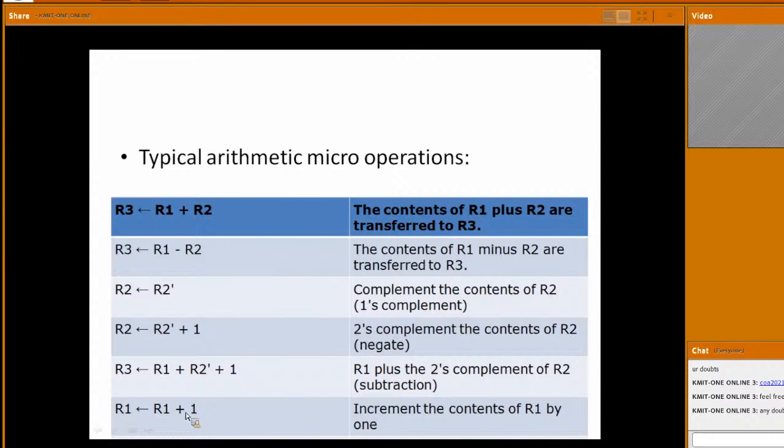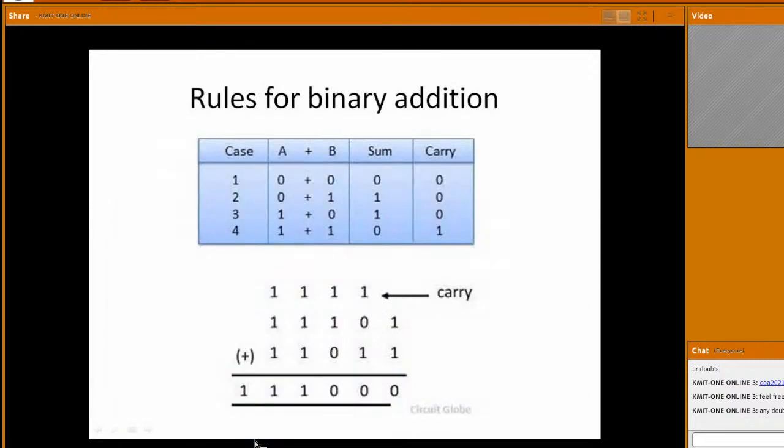The next one is, if you add a 1 to the content of register R1, you are performing the increment operation. In the same way, if you subtract a 1 from R1, you are performing the decrement operation. Adding 1 is the increment operation. Subtracting 1 is the decrement operation.